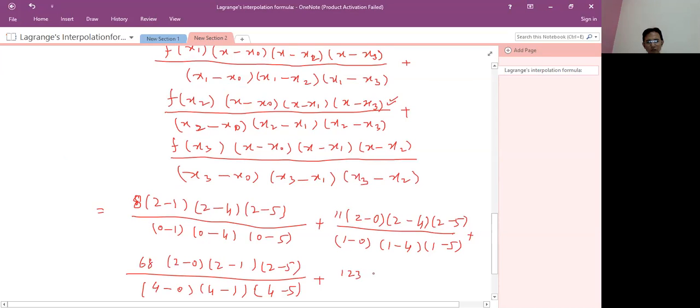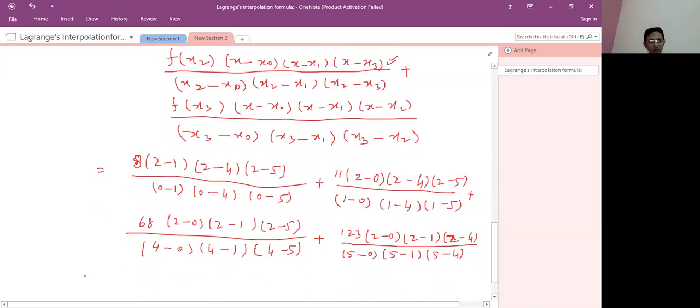So x minus x naught, x minus x1, x minus x2, which is 2 minus 0, 2 minus 1, 2 minus 4, whole divided by 5 minus 0, because x3 is 5, 5 minus 1, 5 minus 4.